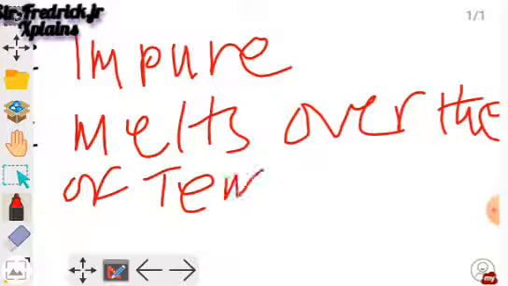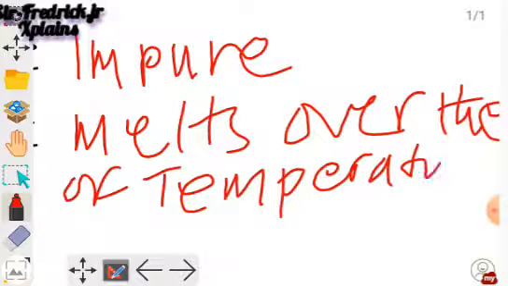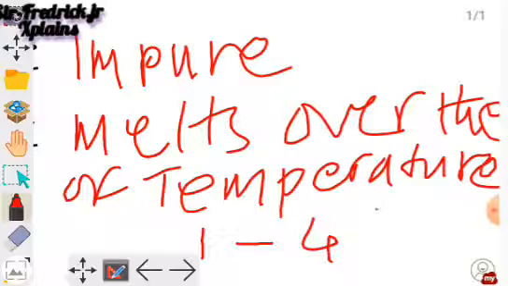Meaning an impure substance does not have an exact melting point or boiling point. It can be over the range of temperature, which can be maybe from 1 to 4 degrees Celsius, or maybe other temperatures, maybe 10 to 11. That is not an exact or sharp melting point or boiling point. That's difference number 2.